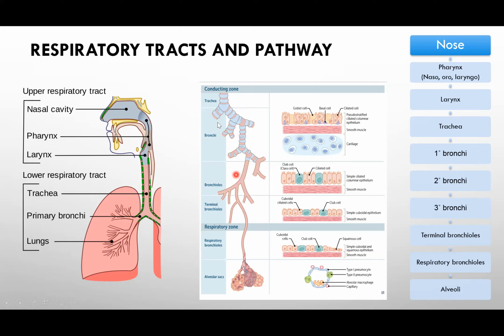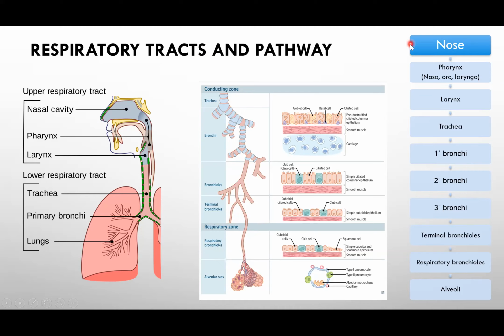Anything in the conducting zone does exactly what you think it does. It conducts air from the external environment to the alveoli, and then conducts air back out to the external environment. The respiratory zone is the location where gas exchange is actually occurring, including the respiratory bronchioles and the alveolar sacs.